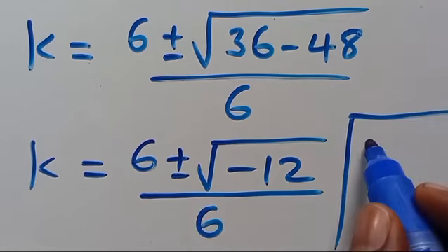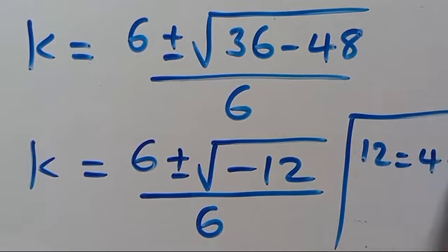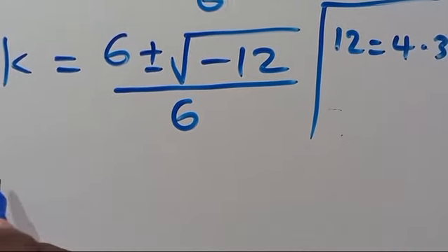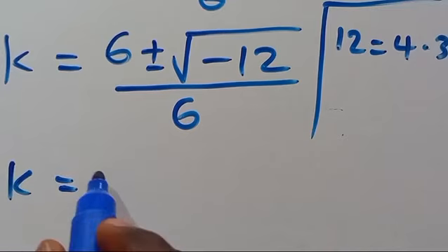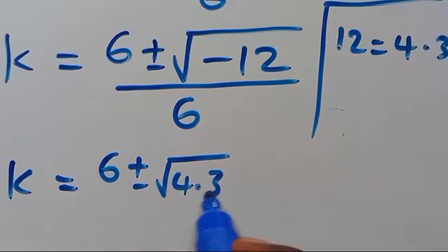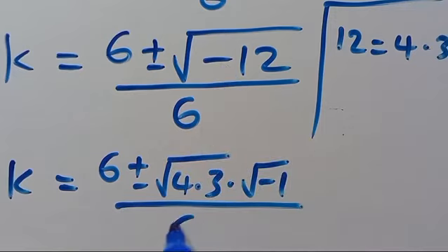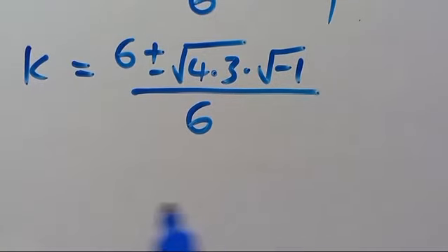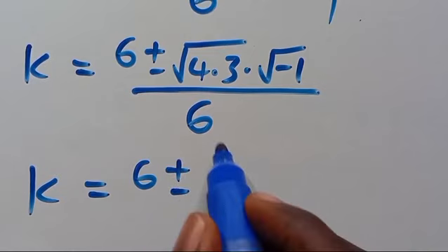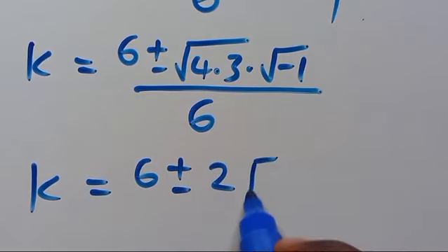But we can write 12 as 4 times 3. So k equals 6, positive or negative, root of 4 times 3 multiplied by root of −1, divided by 6. So k equals 6, positive or negative, root 4 gives us 2, root 3.